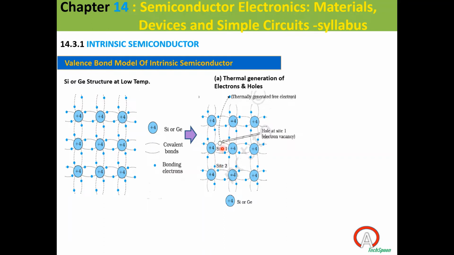Electrons move in the opposite direction of holes. Suppose the electron moves upward, the holes move downward. Both are in opposite directions. So it will create electron current and also hole current. Clear? Is it clear? Yes. Okay.